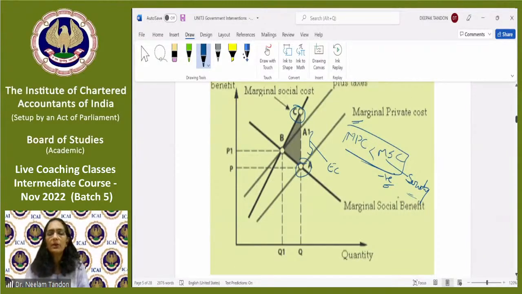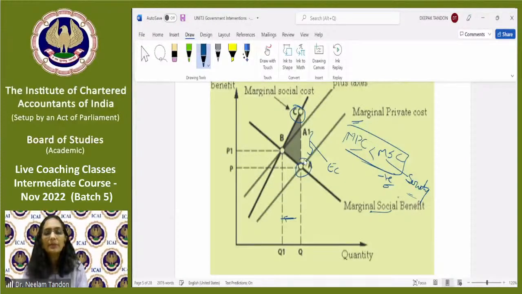Since the price increases, what happens to output? What was happening here? Overproduction. Why overproduction? Because the marginal private cost was less than the marginal social cost, and the benefits were more, and they were not bothered. So once the government imposes tax, output decreases.